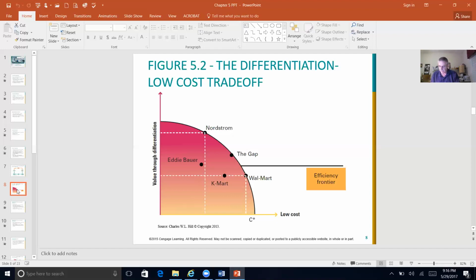And the converse holds when a company already has a low-cost structure, like Walmart there, as you can see, and it has to give up a lot of differentiation in its product offering to get additional low cost. But that is the differentiation low-cost trade-off curve. Talk about efficiency frontier here on page 159.